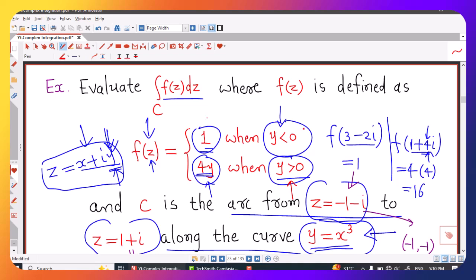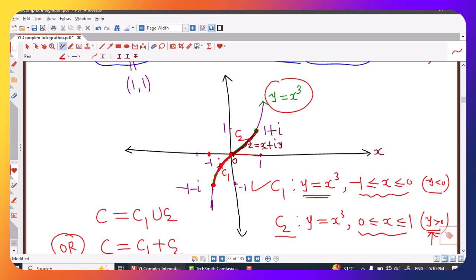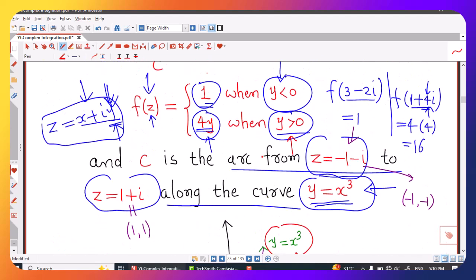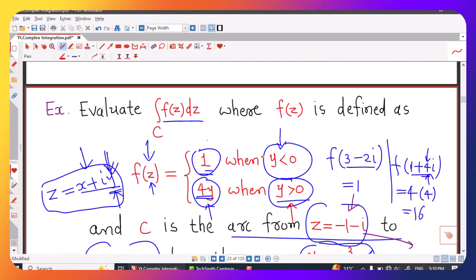So because the function is different along two different parts of the same curve, we are considering the given curve as the union of two curves denoted by C1 and C2. And the rest of the method is the same as we have discussed in previous lectures.